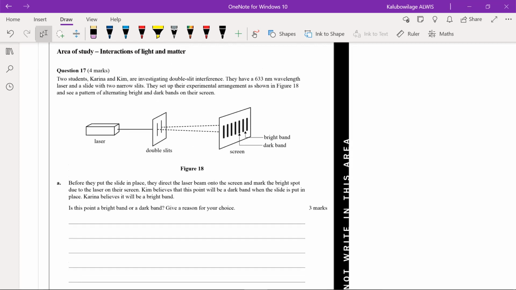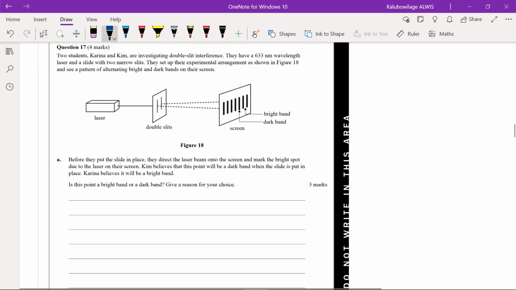So even at the center, even if it's double slits, it'll be a bright spot. The bright spot is at center.